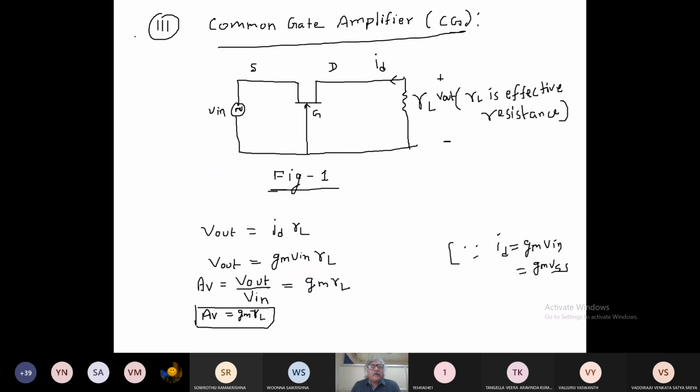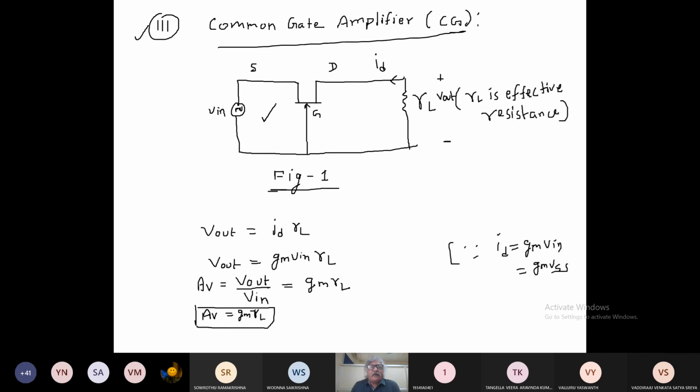In the last lecture, we were discussing the common gate amplifier, and this is the diagram which I have drawn here. Here, the gate is common to the input side and output side.